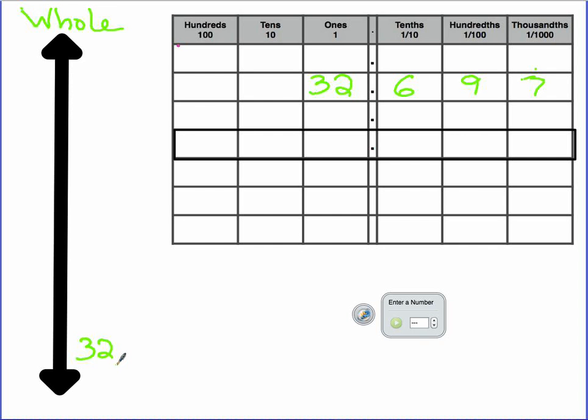And what's going to go on the top? 33. And what's going to be my midpoint? It's going to be 32 and 5.